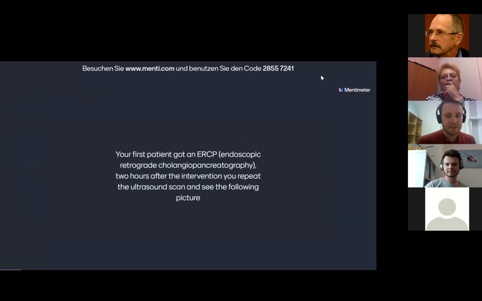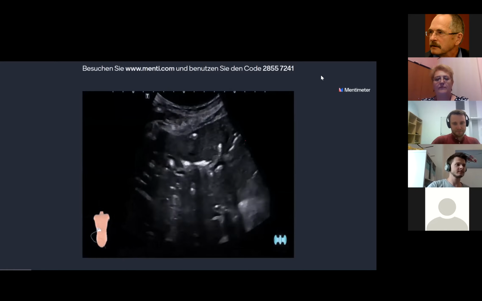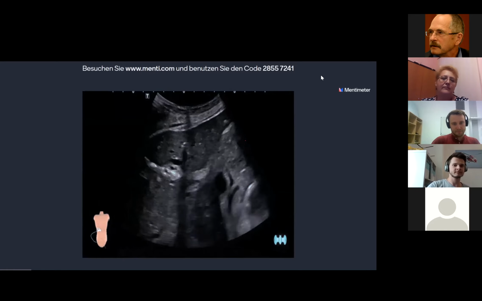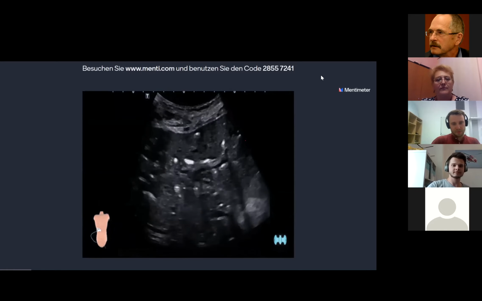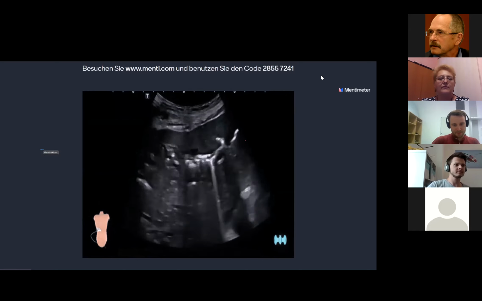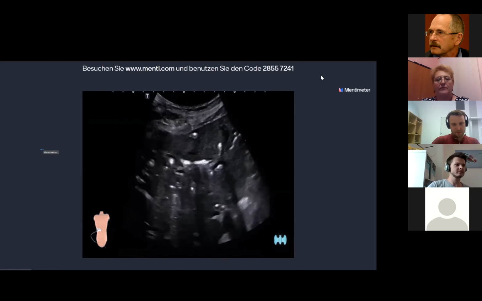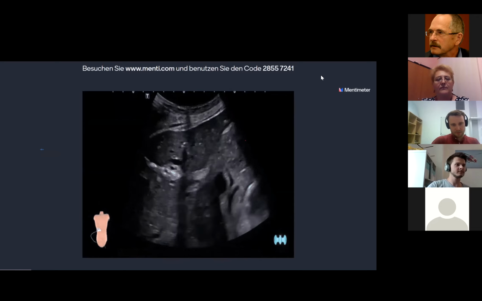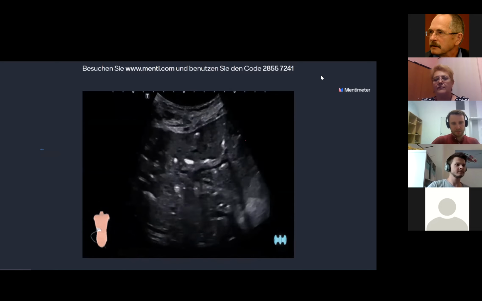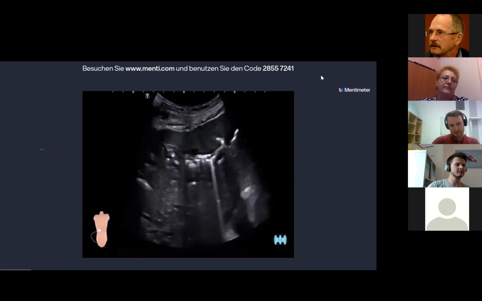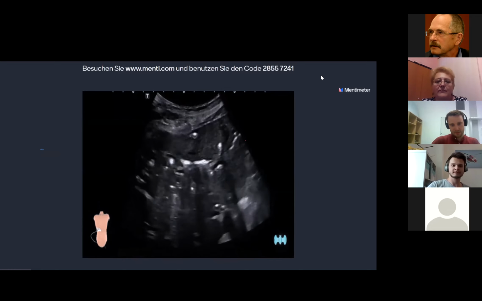Okay, let's start. Your first patient got an ERCP. Two hours after the intervention, you repeat the ultrasound scan and you see the following image. Liver ultrasound. The picture is a little bit dark, but you can see it quite well.